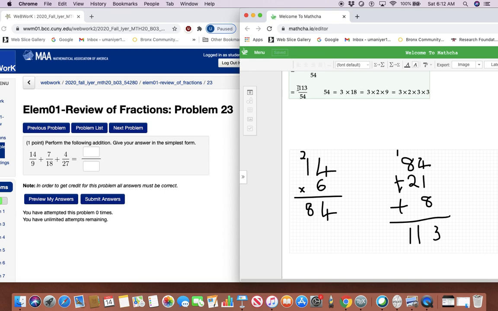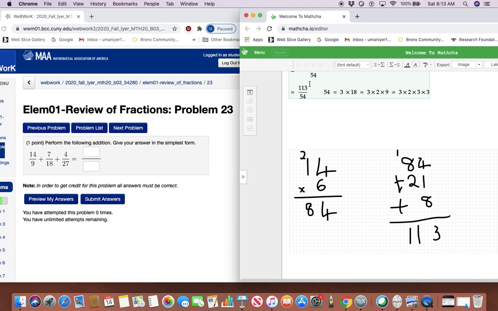Well, does 2 divide 113? It does not, because this is not an even number. Does 3 divide 113? Well, the test is you add all the digits. 1 plus 1, 2 plus 3 is 5. Does 3 divide 5? No. So 3 will not divide this.